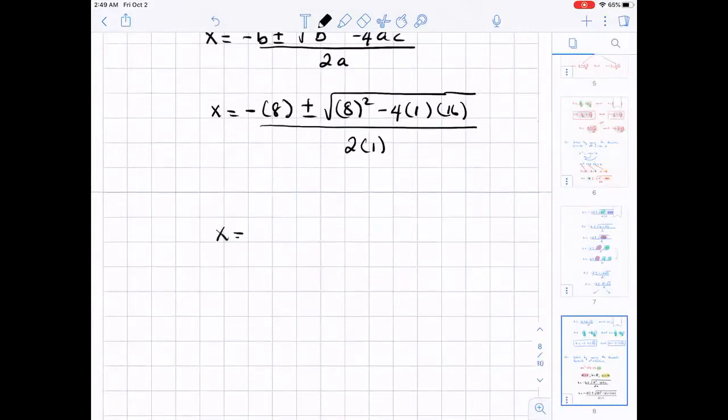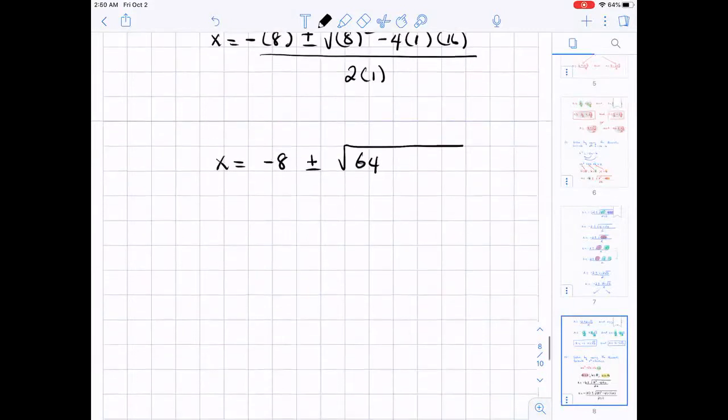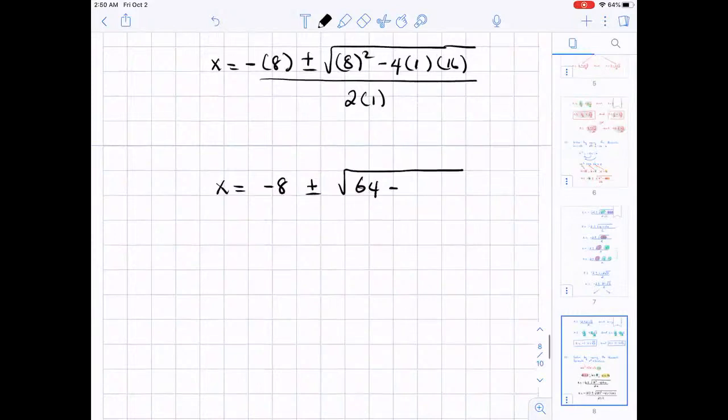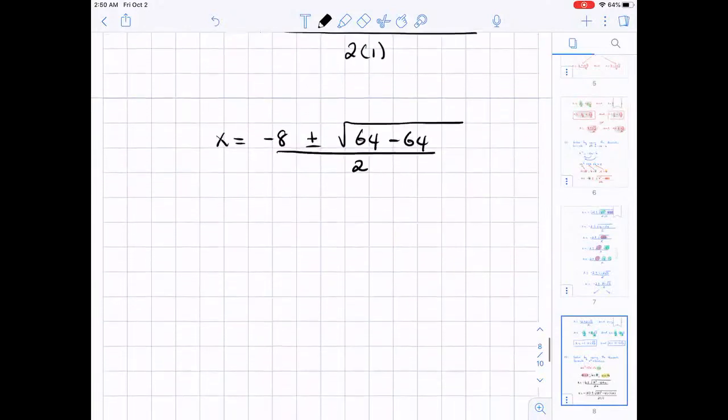So x is equal to minus 8 plus or minus the square root of 8 squared is 64, and then 4 times 1 times 16. 4 times 1 is 4, and 4 times 16 happens to be 64. So that becomes minus 64, everything over 2 times 1, which is 2. Simplifying under the root, we have minus 8 plus or minus the square root of 0 over 2.